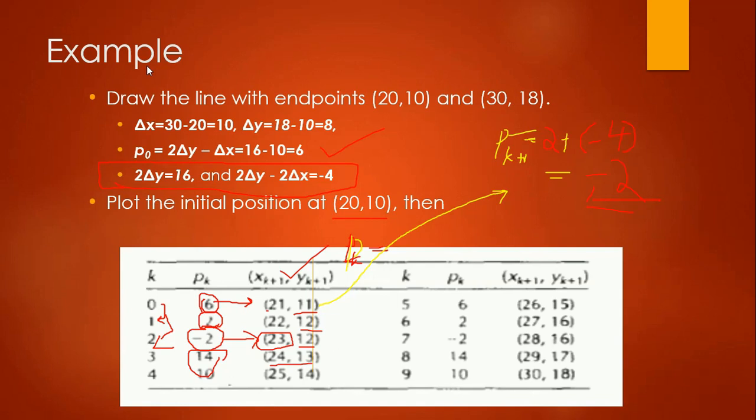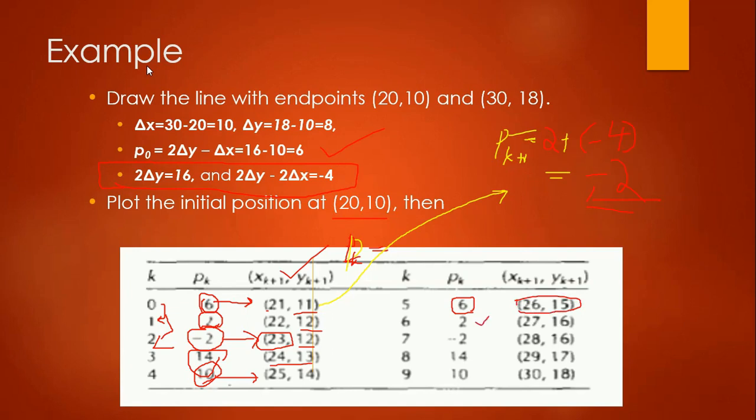Next, Pk is positive again, so increment x and y values. Again see the parameter Pk is 6, so it is positive, so increment both x and y values.